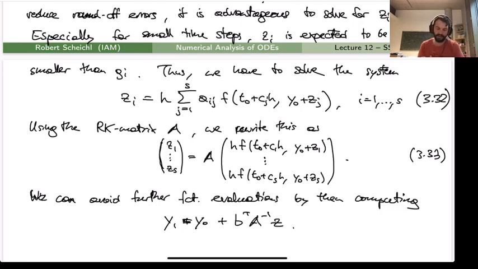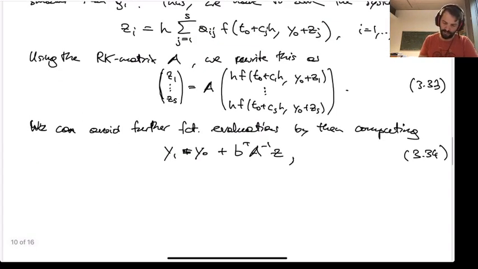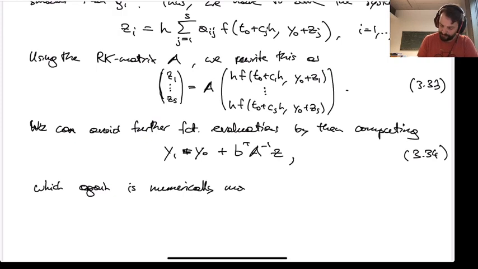So you first calculate the update, and then only do you add it to the final solution approximation at time step t1, which again is numerically more stable.